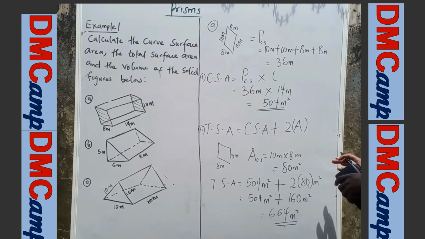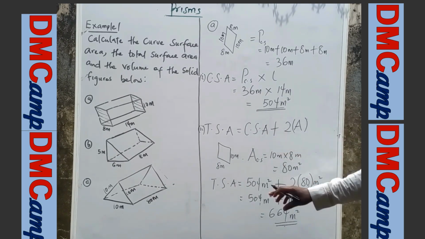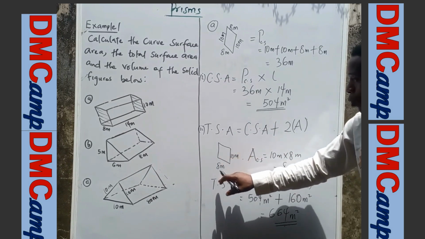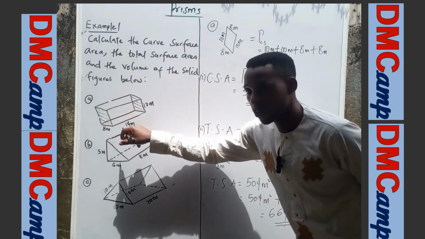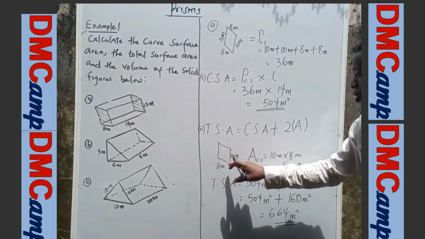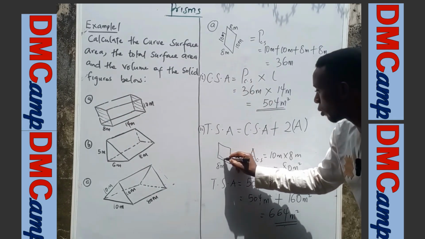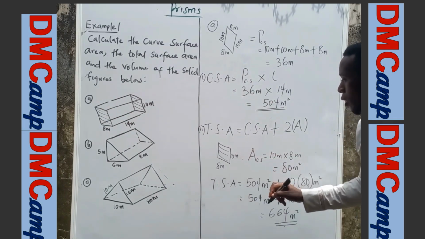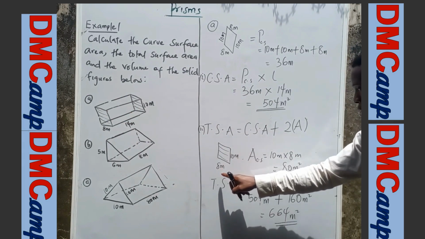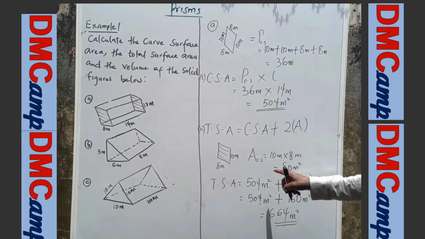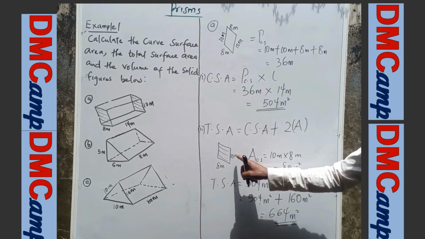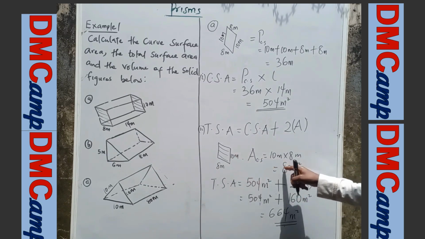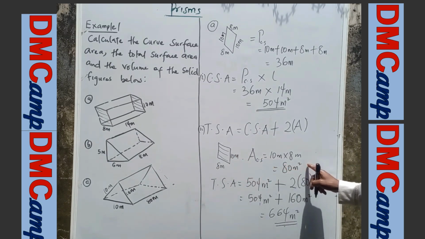The two areas of the cross section. So here I brought one out. One of the cross sections, I brought it out. Don't forget, you have this and this. Then the area of this is just length times breadth, 8 times 10. You are going to have 80 meter square.